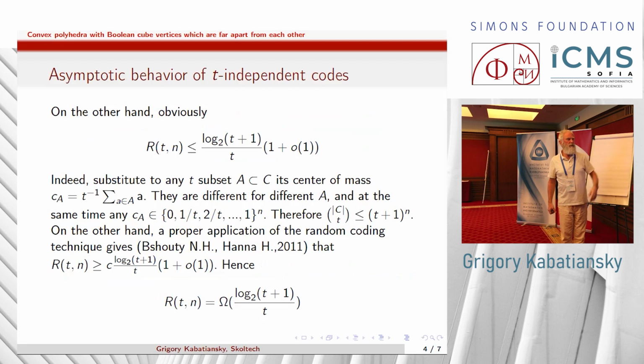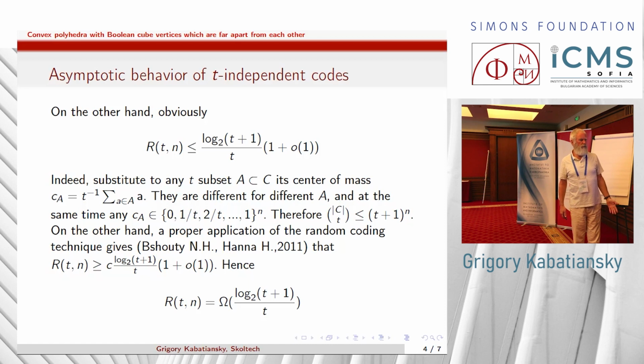On the other hand, it's obvious that the rate cannot be more than this value, log t divided by t. And it follows from very easy arguments. Consider, instead of the whole hull property that convex hulls do not intersect, the property that mass centers do not coincide for different subsets. For mass centers, we consider only the subsets which have cardinality exactly t.